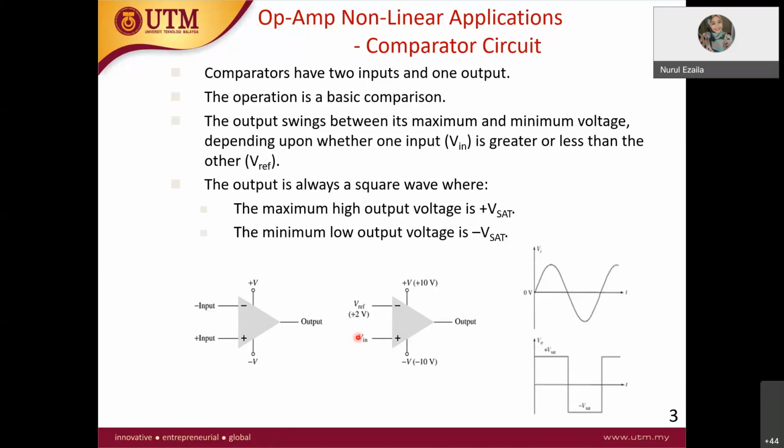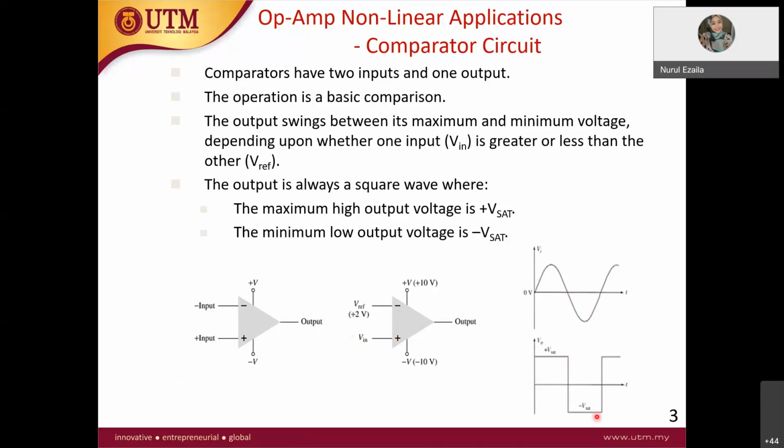This is the input, 10 sine omega t, and this is the reference voltage. There is some condition that needs to be satisfied for the op-amp, and you will get the limit. For example, in the positive cycle, the output will be saturated at positive saturation, and the negative cycle will be saturated at negative saturation.